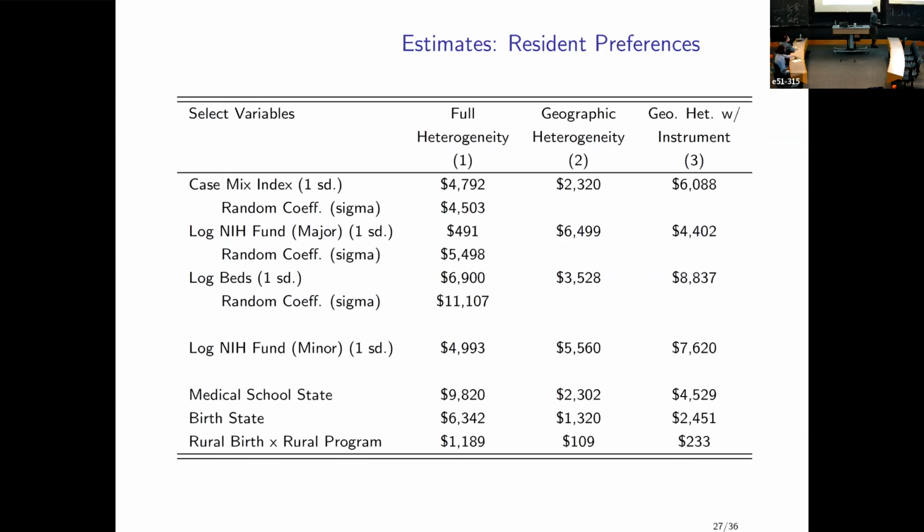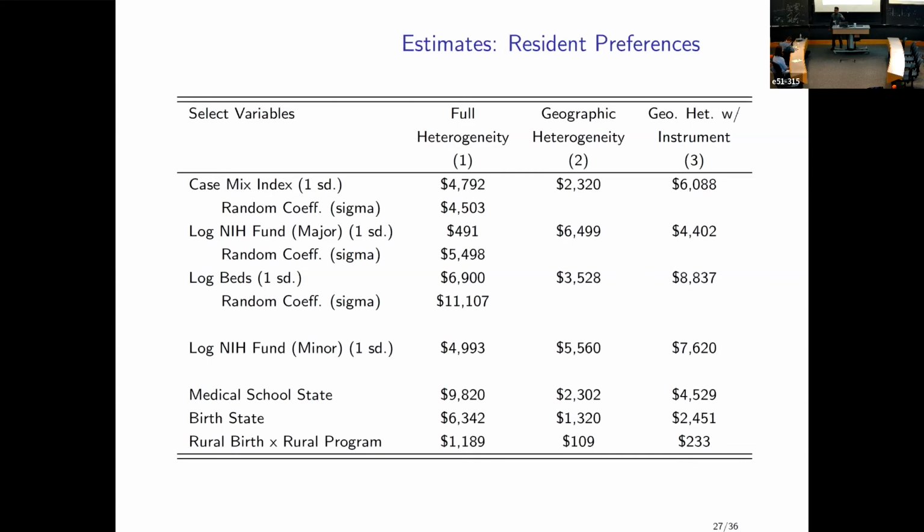So the case mix index has a willingness to pay of about $5,000. Residents are willing to take a salary cut in order to train at programs with a higher case mix index. Case mix index is a measure of the complexity of the cases that you see. And that makes sense. You are there to learn.